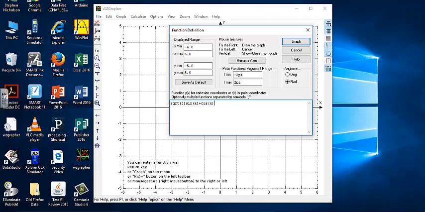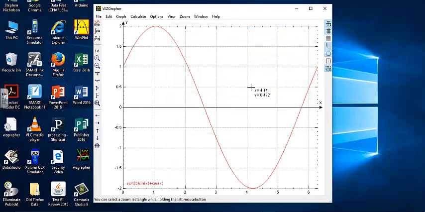Is that right? Let me make sure I did that. Yeah. Okay. So we want to go between 0 and 2 pi, and we'll go between -2 and +2. We'll graph this thing. So there it is.